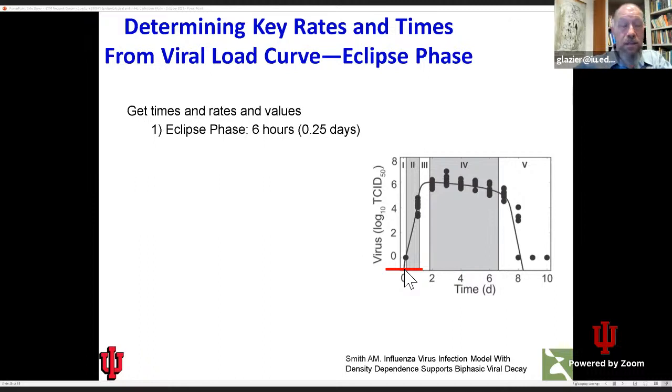And so we're going to say that there's an eclipse phase when there isn't any viral production, about 6 hours. So once virus gets into the tissue, it takes 6 hours before any new virus is produced. That's actually a number that's hard to estimate. We saw it better in that in vitro study of COVID, where we actually saw that number pretty well.